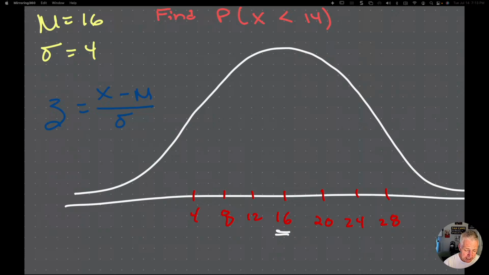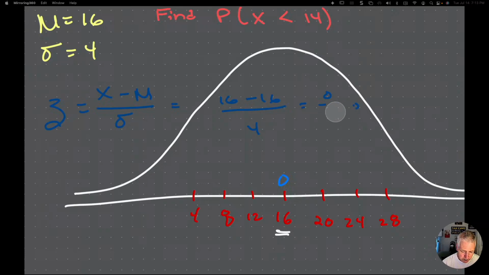In this case, x is 16. We're going to subtract the mean, which is 16, and divide by 4. Well, that gives us 0 divided by 4, which ultimately gives us 0, but we kind of knew that from our other discussions in class. So there's the middle of the curve right there.